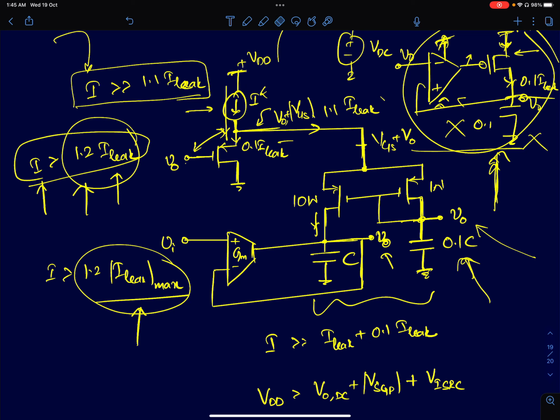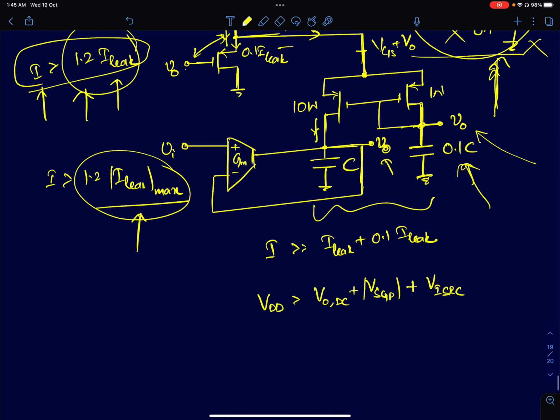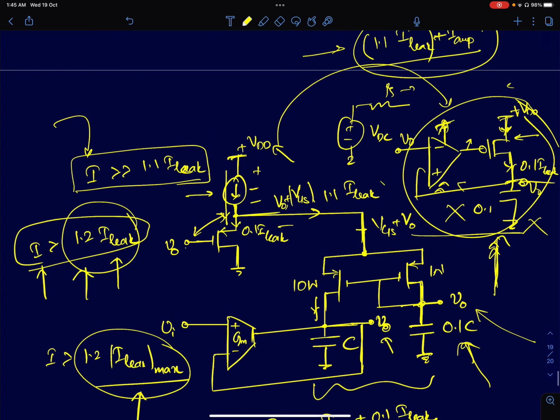That plus the voltage that you need to keep this current source in saturation will be the minimum supply voltage needed. So your supply voltage has to be V output DC plus 1 mod VSGP, which is greater than mod VTP, plus a bias voltage necessary to keep the current source in saturation region, which I've called VISRC. This should be your minimum supply voltage. So there is another supply voltage constraint in this idea.